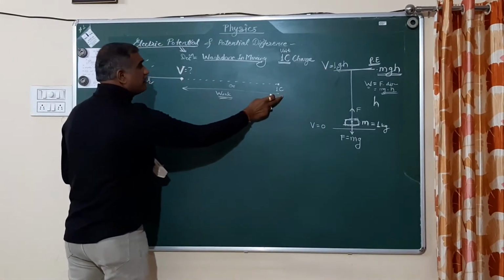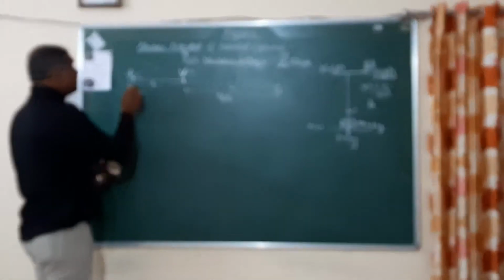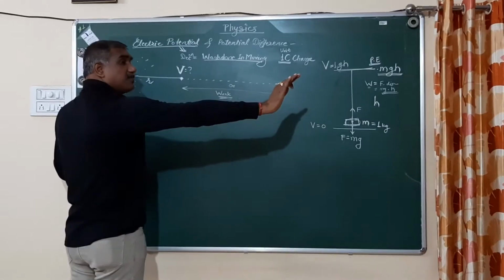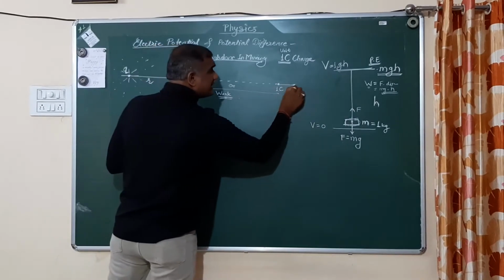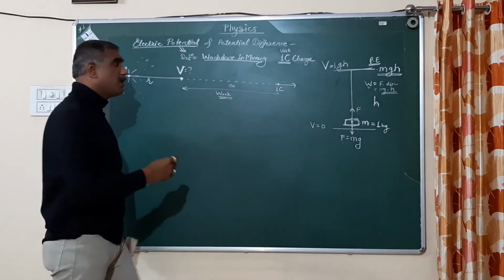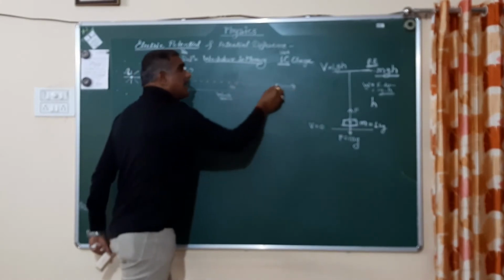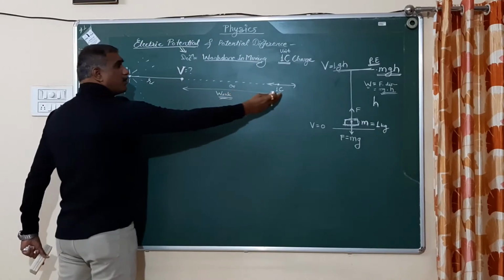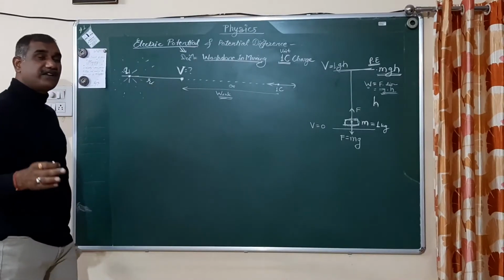Work done in moving 1 coulomb charge from infinite position to this position, because due to this plus q charge there is a force of repulsion on the 1 coulomb charge, and that force is acting in the outward direction. I have to apply a force in the opposite direction of that electrical force, and by applying this force I have to move the charge of 1 coulomb from infinite distance to the position where I have to find out the electric potential.